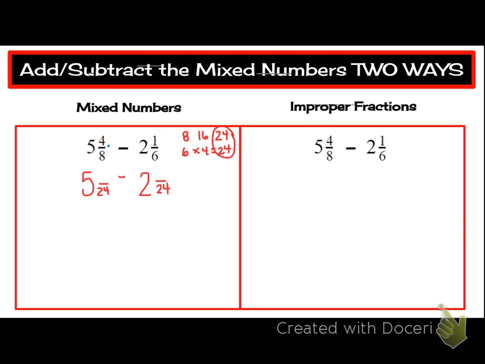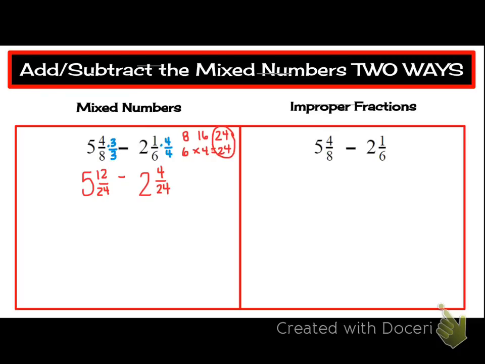So I'm going to take this whole fraction times 3 over 3. 8 times 3 is 24. 4 times 3 is 12. And then I ask myself, what do I have to do to 6 to make it 24? And that's 6 times 4. So I'm going to multiply the fraction by 4 over 4. 6 times 4 is 24, and 1 times 4 is 4.